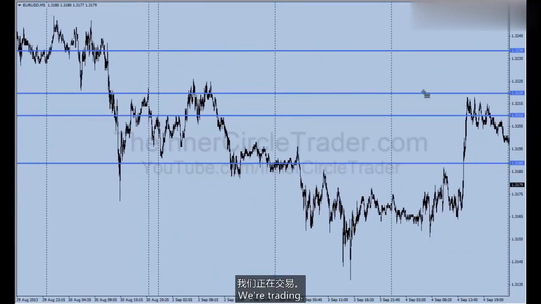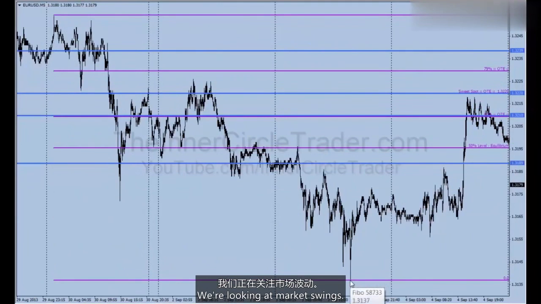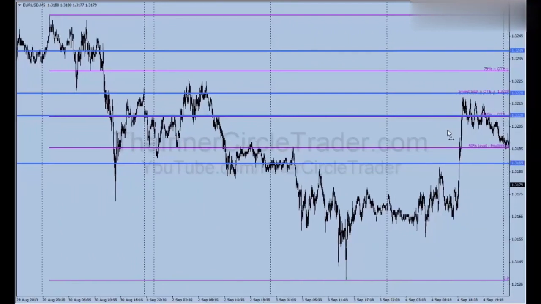Now we're trading right into these resistance levels, but you see this high here to this low, and here's leg one and then leg two. If we use the high down to that low, again we're looking at market swings. The market's trading into the optimal trade entry, just fell short of the sweet spot, which actually comes right on top of that 132.20 level, which is nice. I like seeing stuff like that.